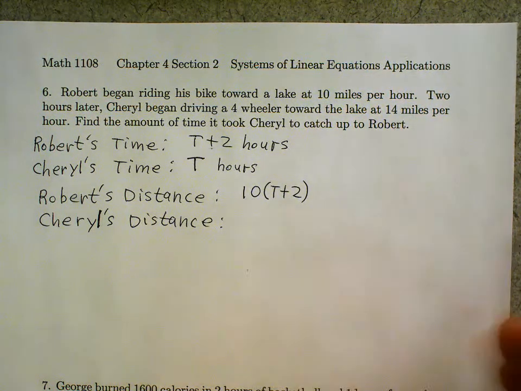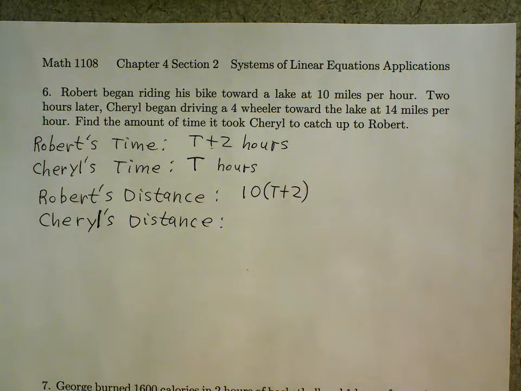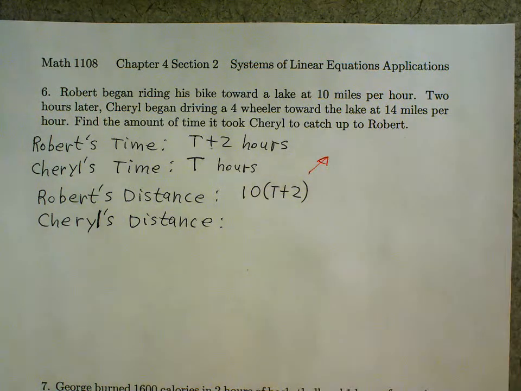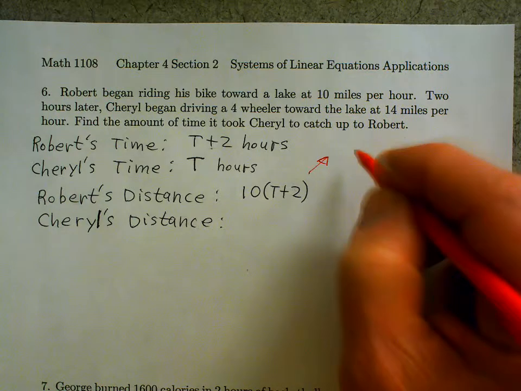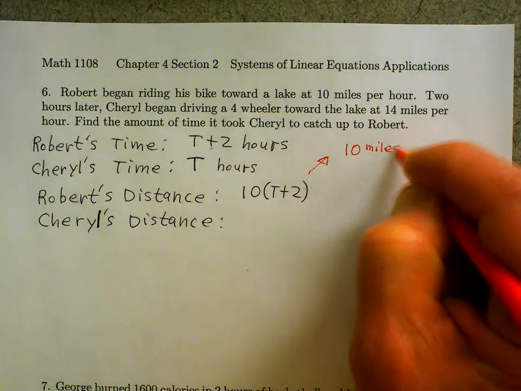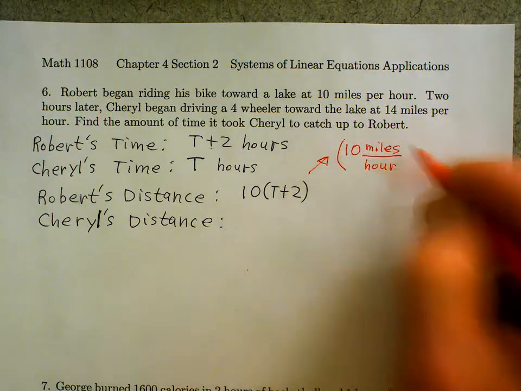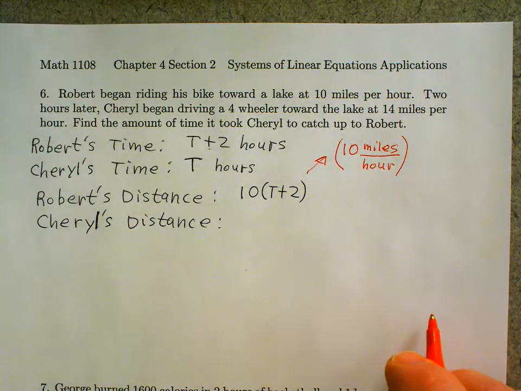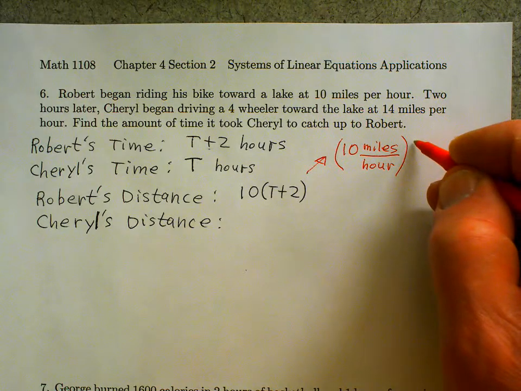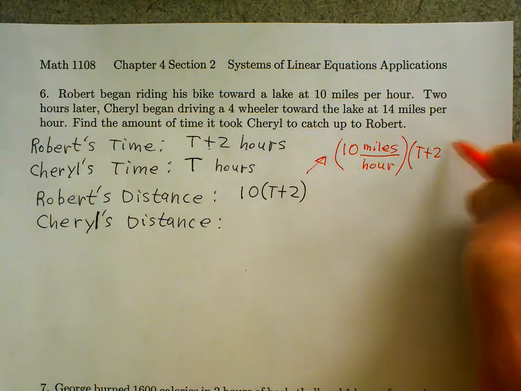And maybe I'll take a second here to show you how the units work. Robert's rate is 10 miles per hour and the time is T plus 2 hours.